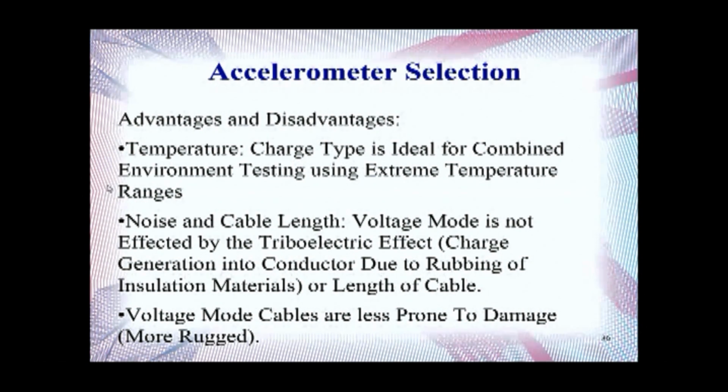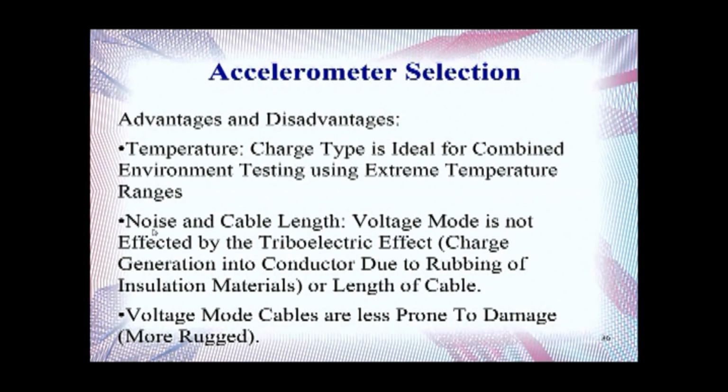So when running a combined environment, which is a thermal chamber with a shaker underneath it, which is called a vibe over temperature test, you will want to use a charge type accelerometer, since it doesn't have built-in electronic circuits that can be damaged or become defective during thermal testing.